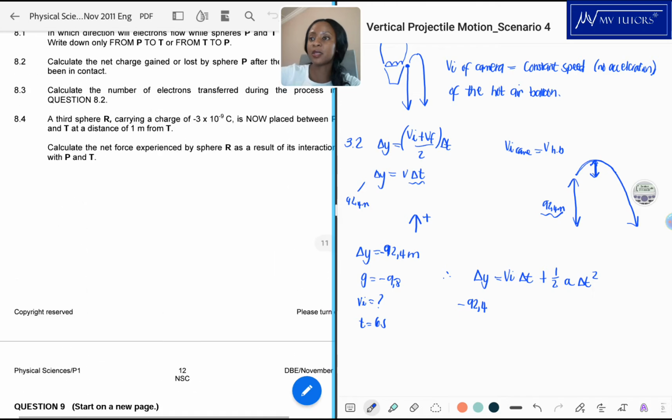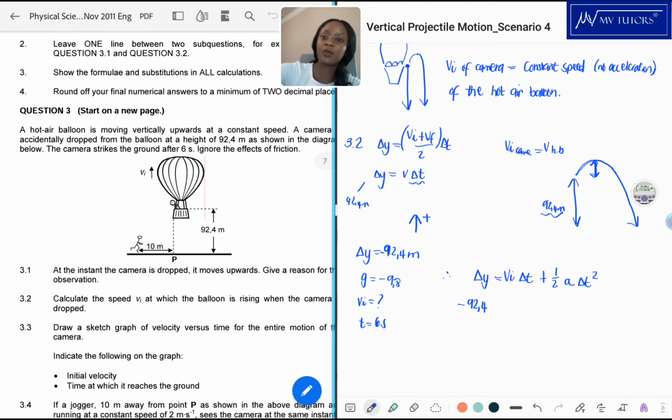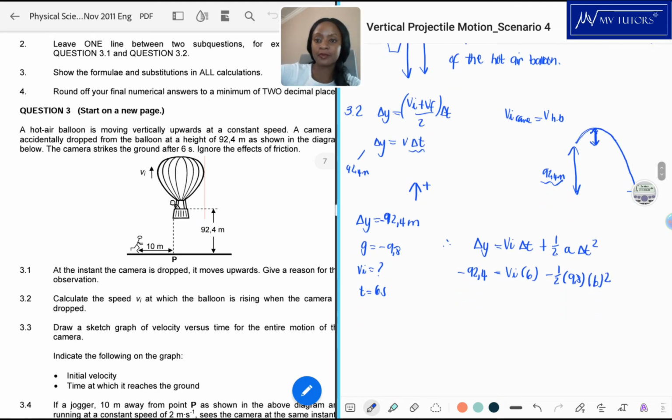Let's just go down and make sure that we are writing the correct values there. 92,4 meters. Initial velocity is what we're looking for. The time it took is 6 seconds. Okay, and then we're going to have negative a half, because our acceleration is going to be 9,8. So here we can use the equations of motion because the camera is a projectile and it is in free fall. And then time 6 squared.